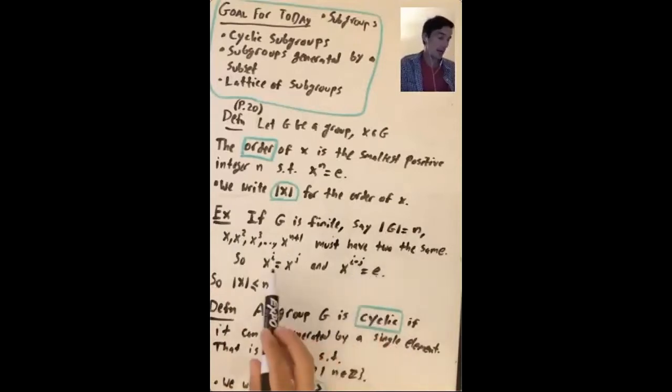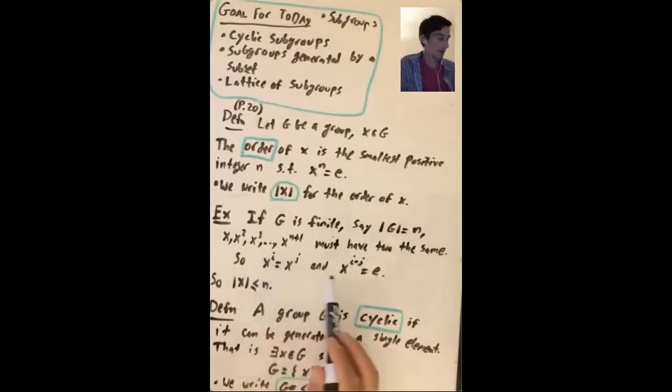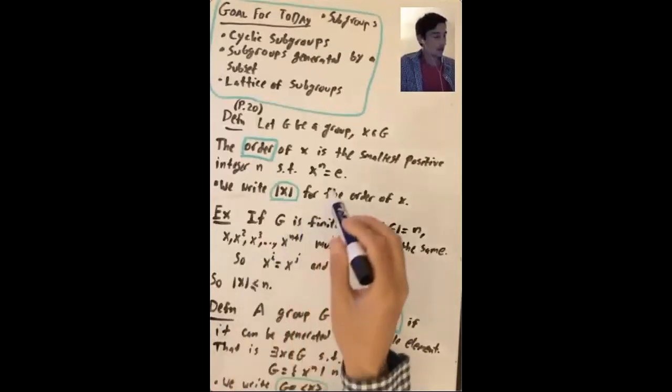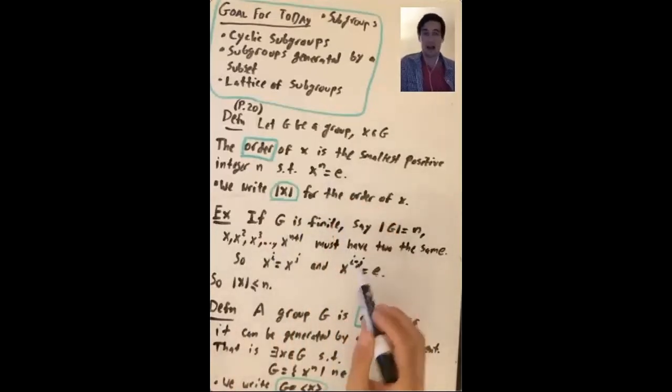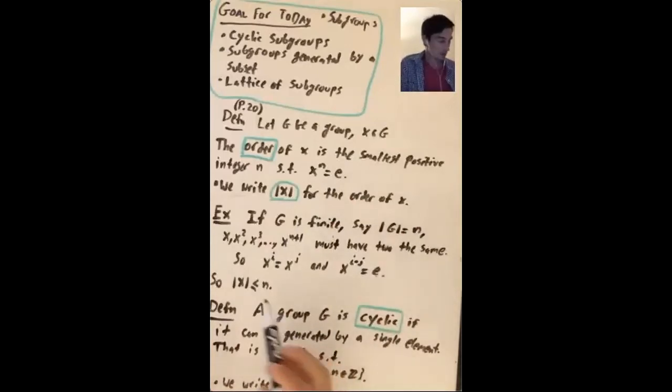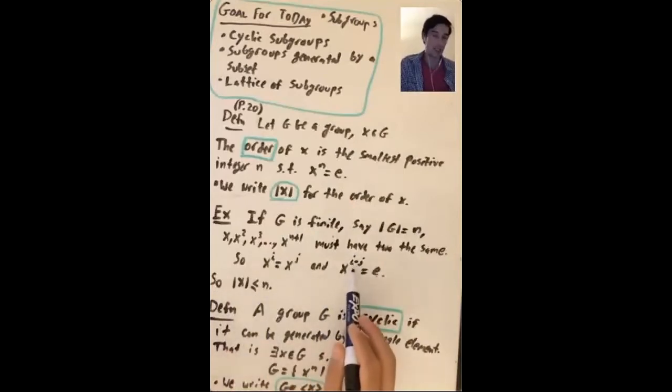If j was bigger than i, then we could multiply by x to the negative i. This gives us a positive integer where x to that power is e, which means the order of x is at most i minus j. So in particular, the order of x is at most n, which is the largest this difference could be.